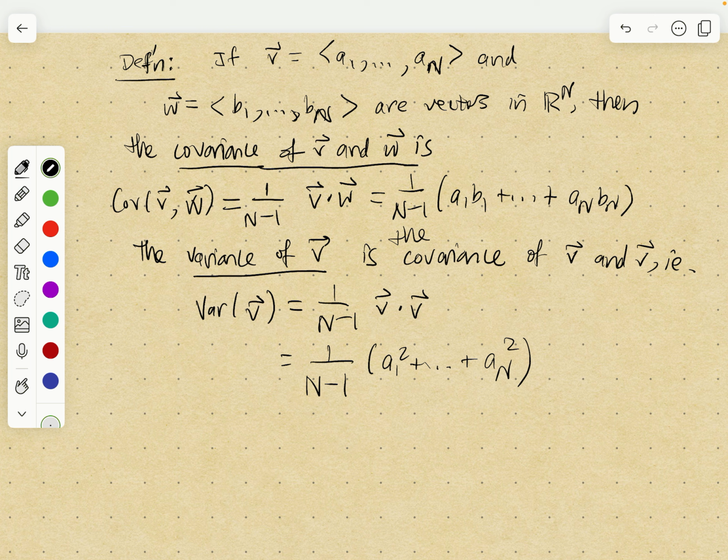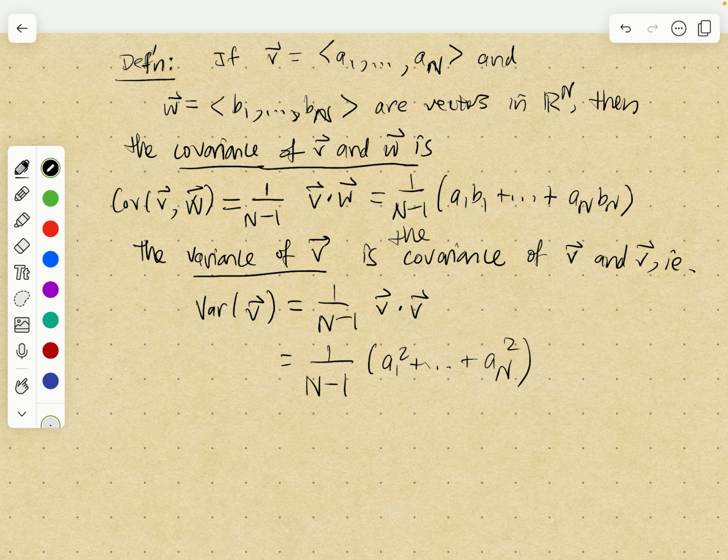And then the variance of the vector V is a measure of how spread out the AIs are. For instance, if all the AIs are 0, if V is the 0 vector, then the variance is 0. Otherwise, it's some positive number, and the greater the AIs are in general, the greater the variance will be. If they're really positive or really negative, then you get a really large variance.